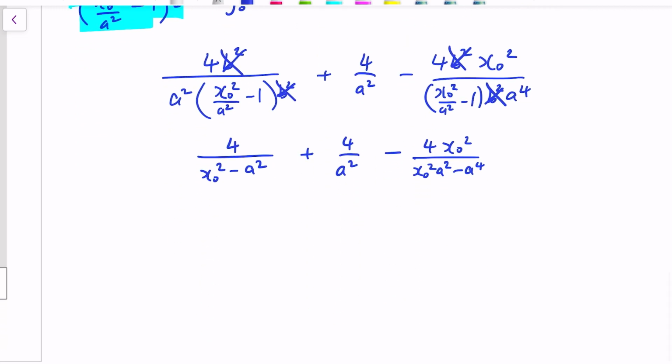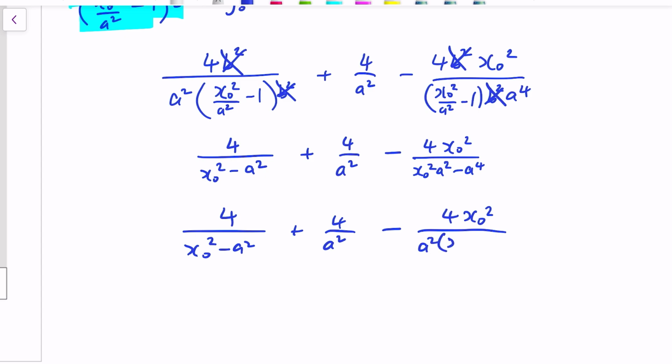See what we do with these fractions. 4 over x naught squared minus a squared plus 4 over a squared minus 4x naught squared all over, let's factor out the a squared again. Okay, and then we can put these fractions together because they kind of have a common denominator.